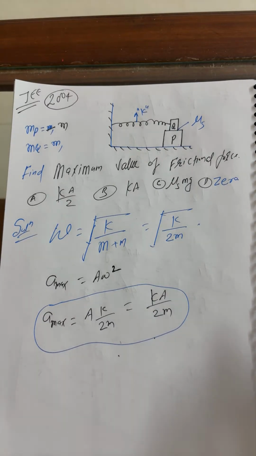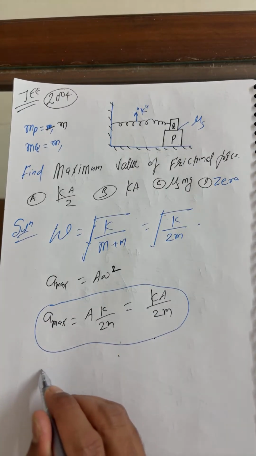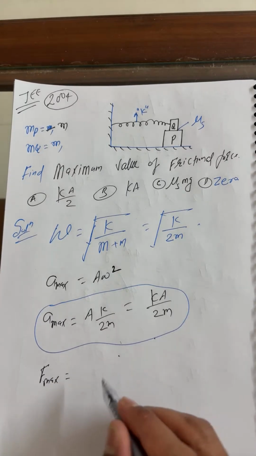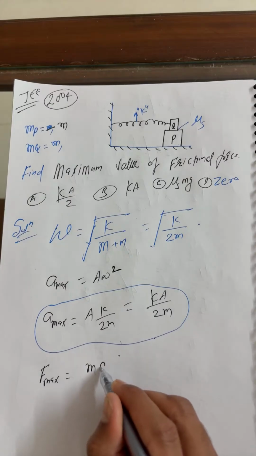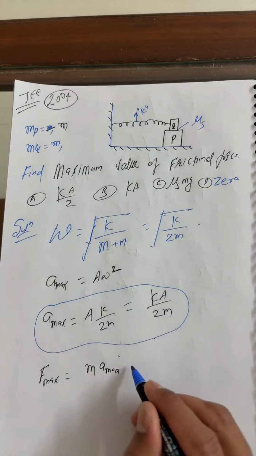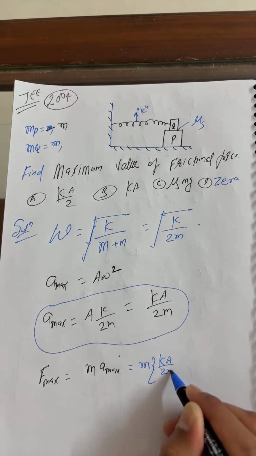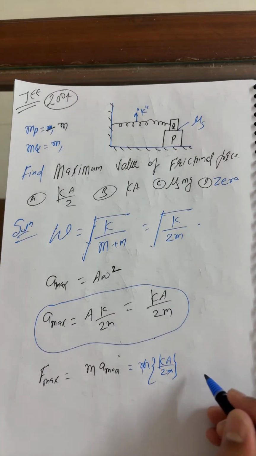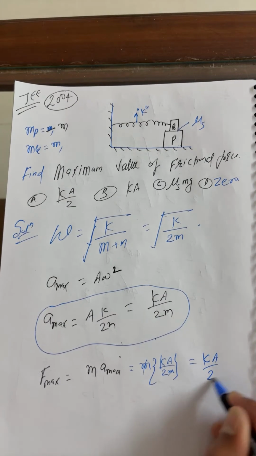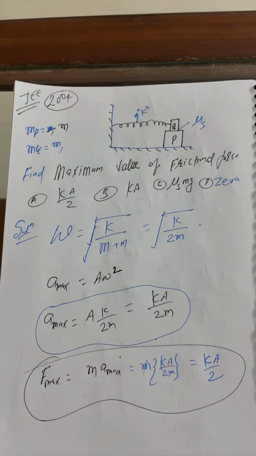So what is the maximum frictional force, which is the question? The maximum frictional force is M into A maximum, which is M times K A upon 2M. M, M cancel, so the maximum frictional force is nothing but K A by 2.